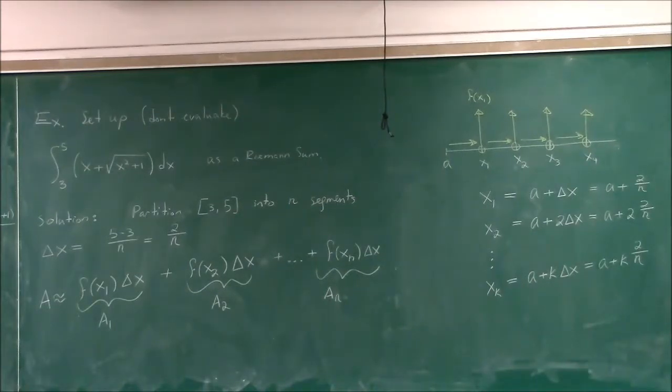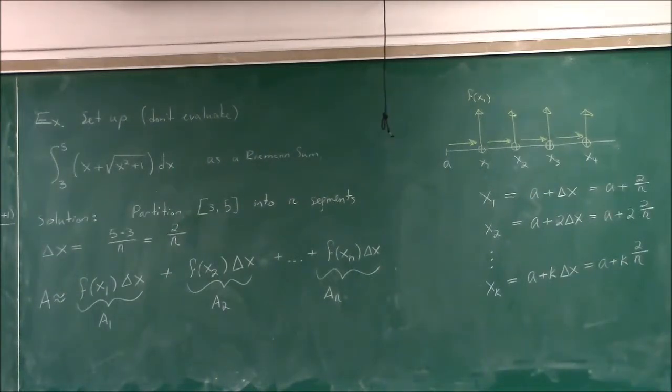So what's f of x sub k? F of x sub k, what will it do to the input? It will write the input plus root of the input squared plus 1.